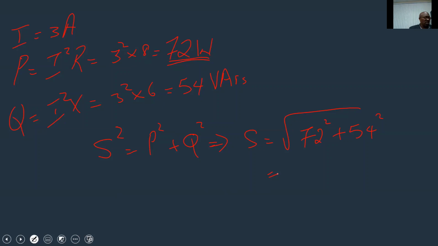If we find the square root of that, we get 90. So this proves what we said with respect to how power is consumed in the circuit.